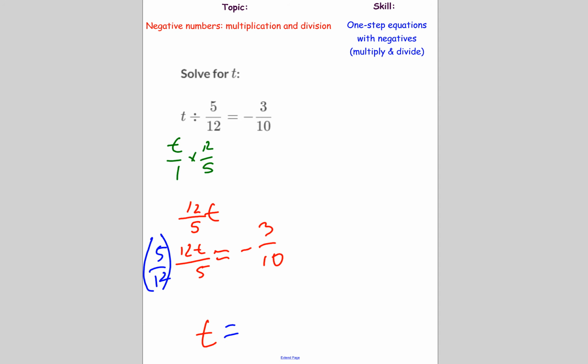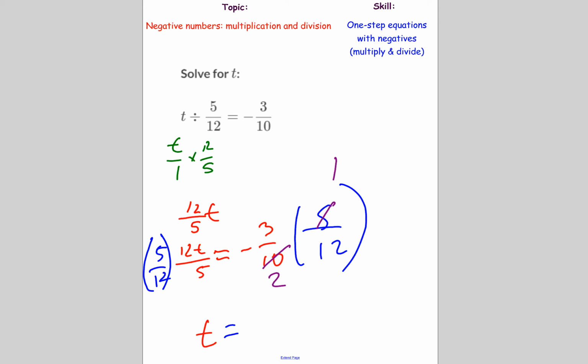Well, if I multiply one side by 5/12, I need to multiply the other side by 5/12. And this is where I remind you, don't be lazy. Take the time to simplify before you multiply. So I'm going to simplify in purple. 10 and 5, can I simplify? Absolutely. 5 goes into itself once, 5 goes into 10 twice.